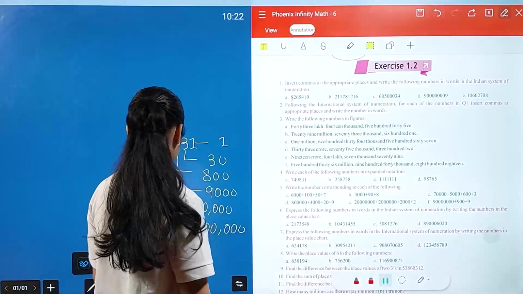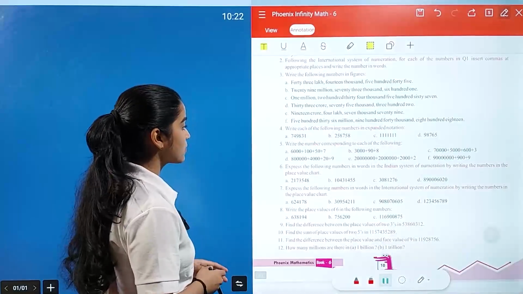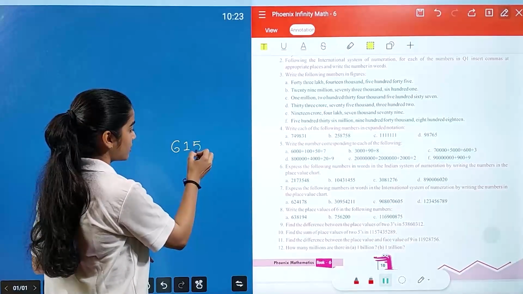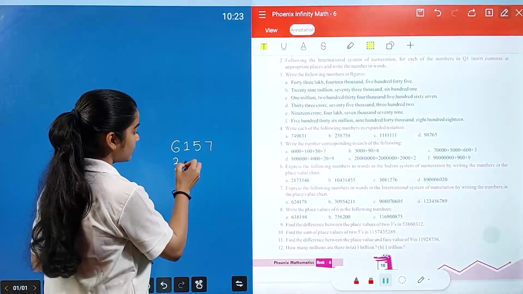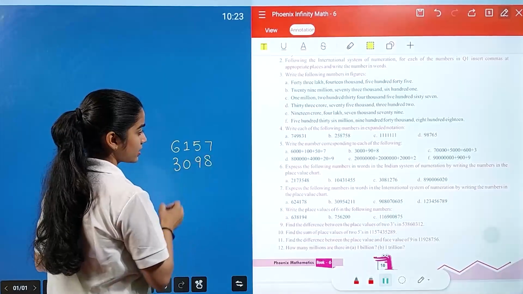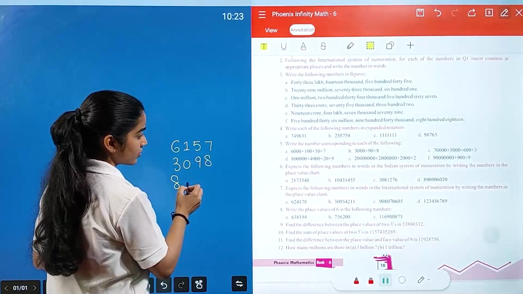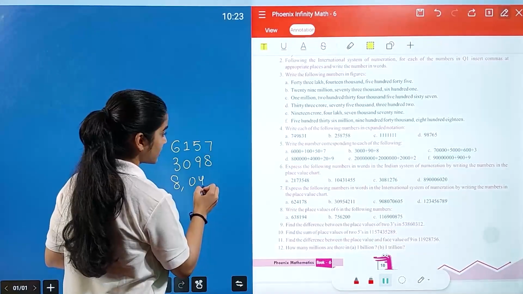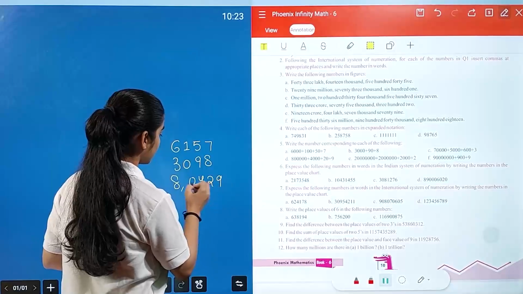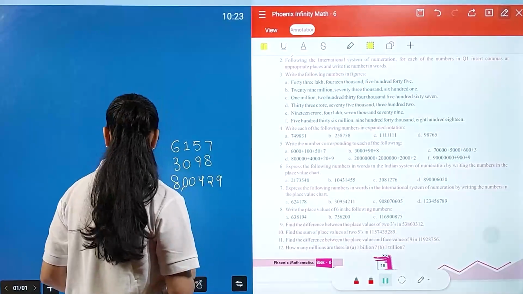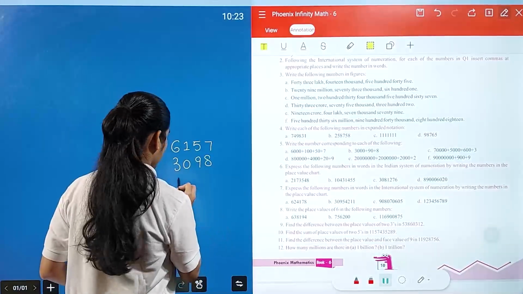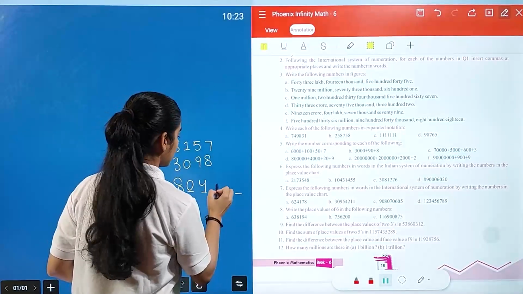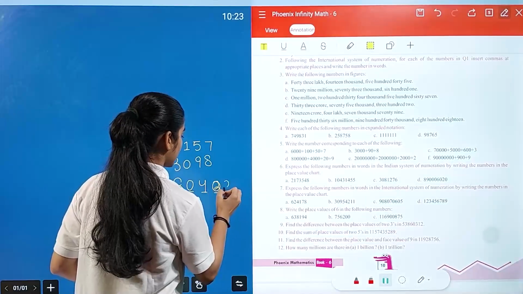Okay, now move forward to question number 5. Write the numbers corresponding to each of the following. So in this we have 6,157, 3,098, 8 lakh, 4,029. 8 lakh, wait. 8 lakh, 12,345, then 4,029.